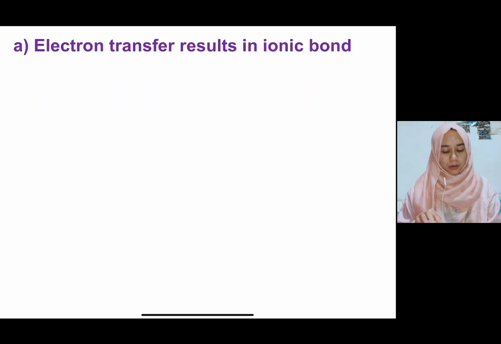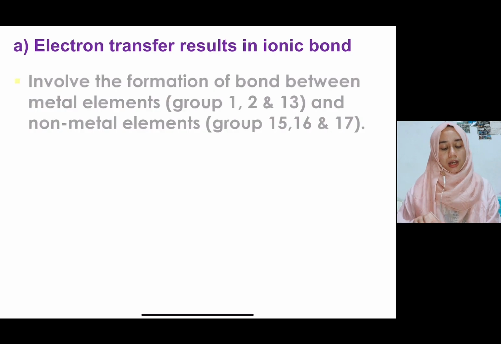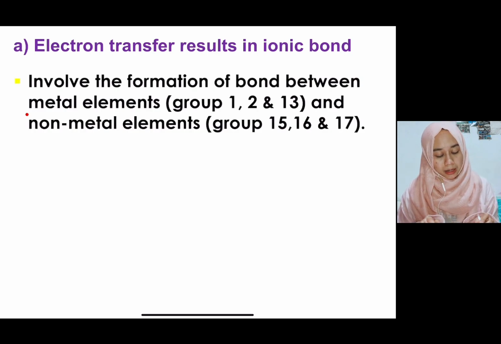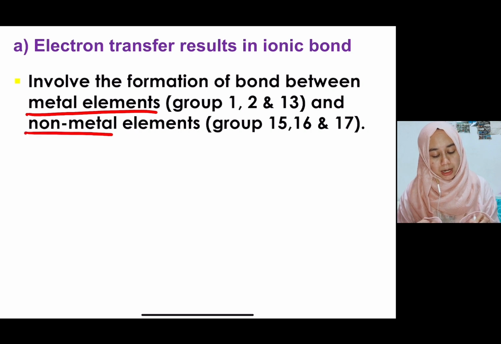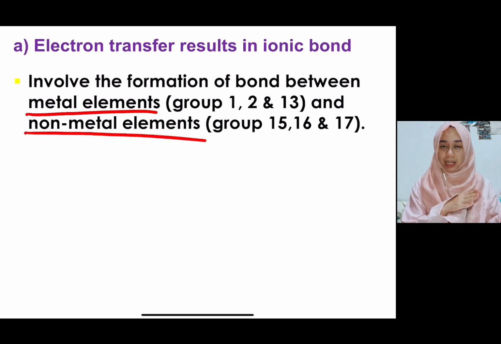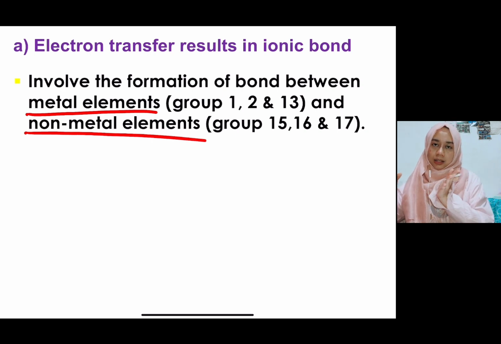Okay, so electron transfer results in ionic bond. Okay, so involve the formation of bond between a metal element and also non-metal element. So metal is the one dekat group 1 to 13, and then yang 14 sampai ke 18 onwards is actually non-metals.